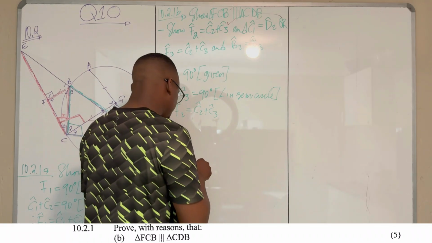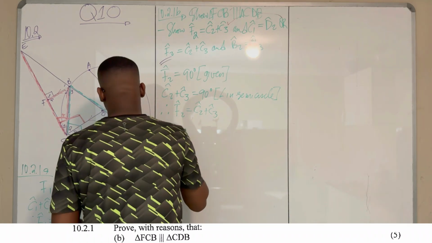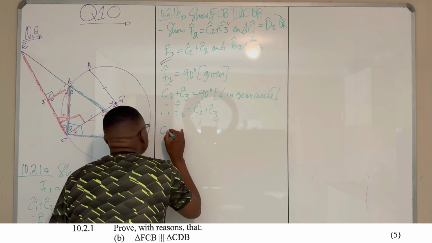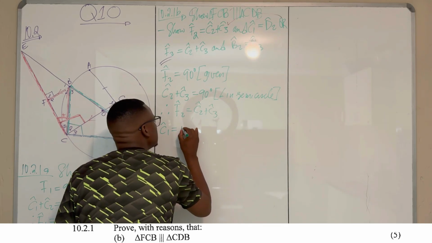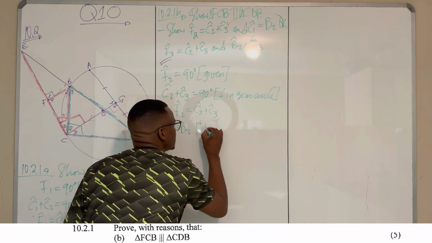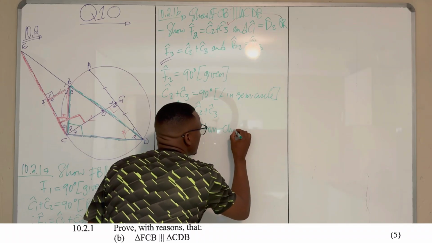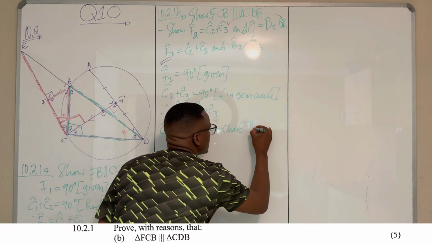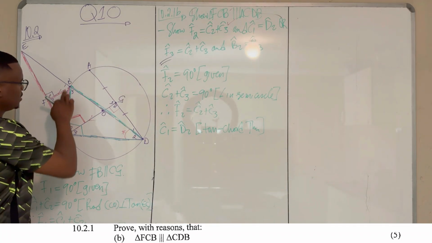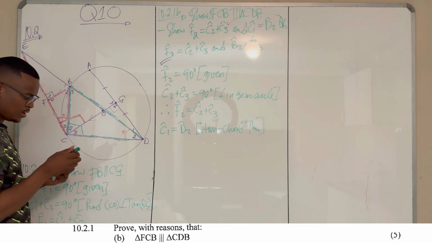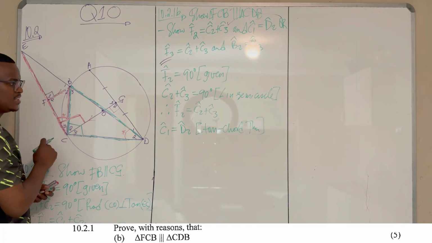So in this case, we can say our angle C1 is equal to angle D2. Why? This is the tan-chord theorem, because of our tangent EC and our chord CD.